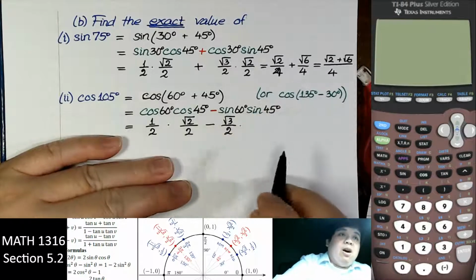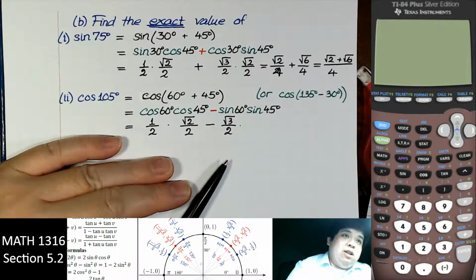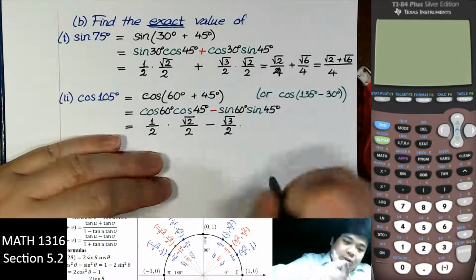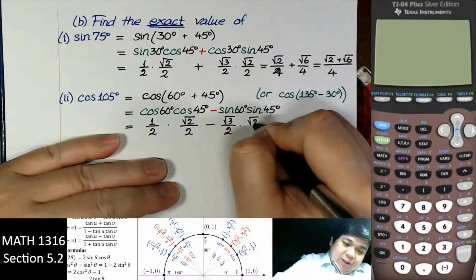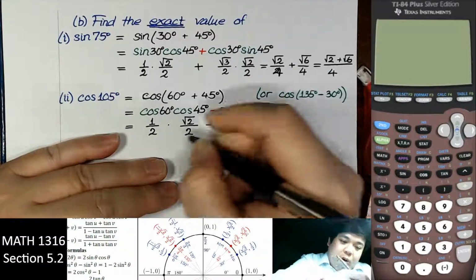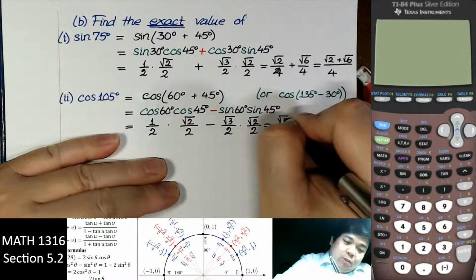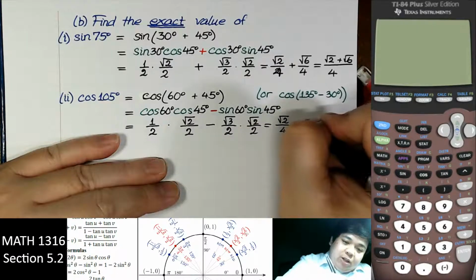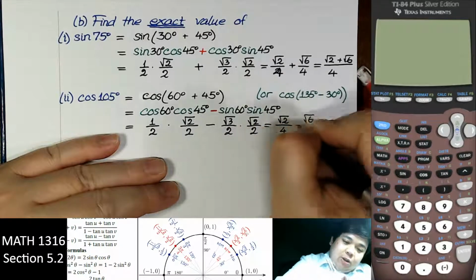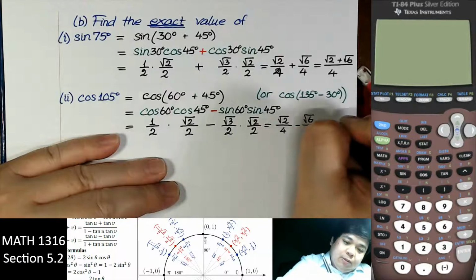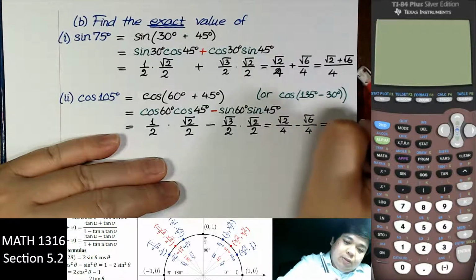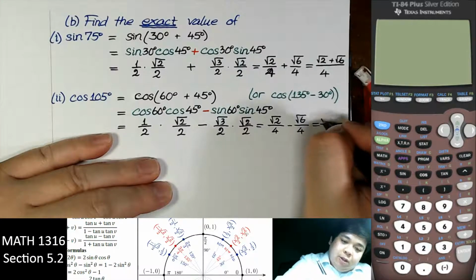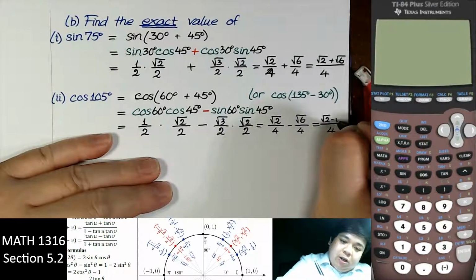And sine of 45 degrees, sine is the y value, square root of 2 over 2. And when we multiply, square root of 2 over 4 minus square root of 6 over 4, so square root of 2 minus square root of 6 over 4.